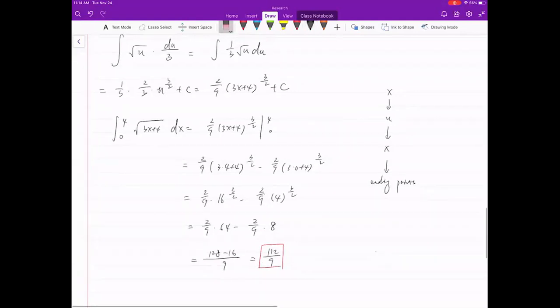Ending points of x. It's not too bad. But now we want to make our life easier for definite integrals. That is, we want to bypass these two. We don't want to do it.